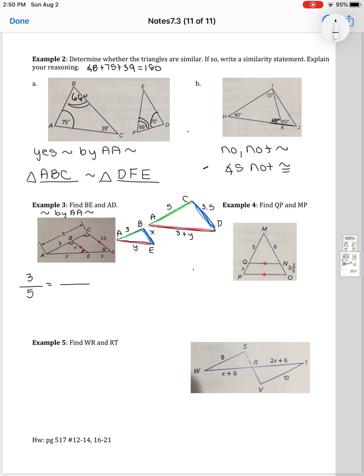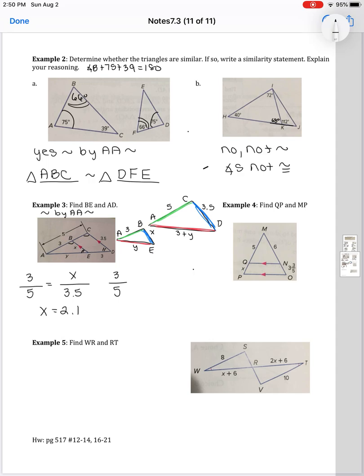So again, the two numbers who match up that don't need anything are the 3 and the 5. So there's your scale factor. So if we do the greens and then if we do the blues, 3 over 5 equals X over 3.5. Cross multiply and divide, you get 2.1.